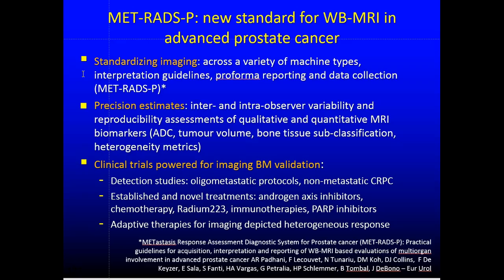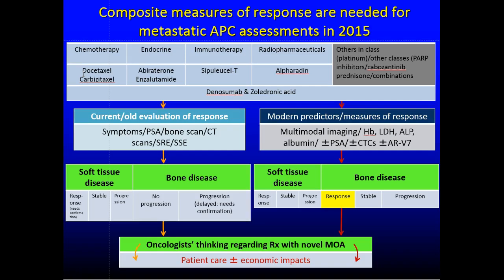So many of you will be wondering why you should bother. You should bother because of this. We now know that there are lots of life-prolonging treatments available in advanced prostate cancer, and we see this increasing in the future. Currently, the methods you use for bone disease are all based on progression.